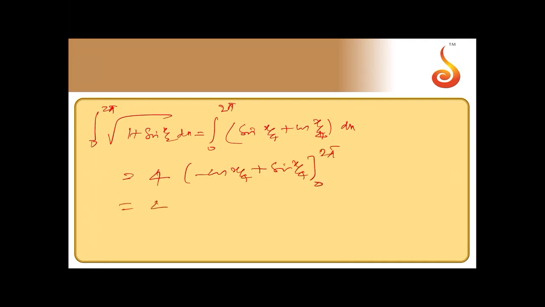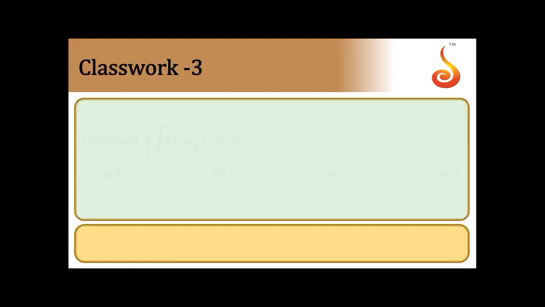Substituting 2 pi, we get cos pi by 2 is 0 plus sine pi by 2 is 1, and minus of 4 times, when you substitute 0, cos 0 is 1, minus 1. Of course 4 plus 4, I hope you'll be getting the answer 8.